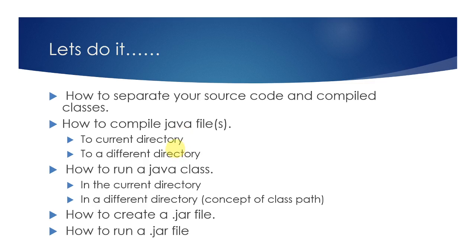Then we are going to discuss how to create a jar file. So basically a jar file is the executable file format we use in Java applications, just like exe files in some other languages. Then of course how to run that jar file that we just created, right? So that is what we are going to do in this particular practical session.